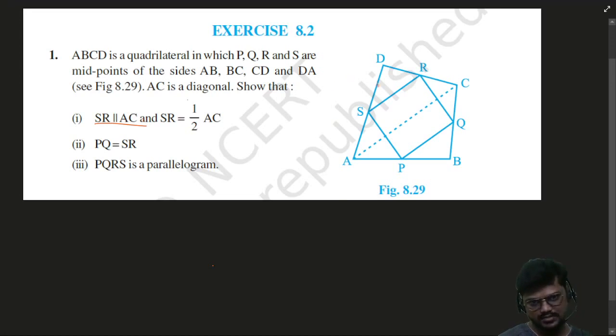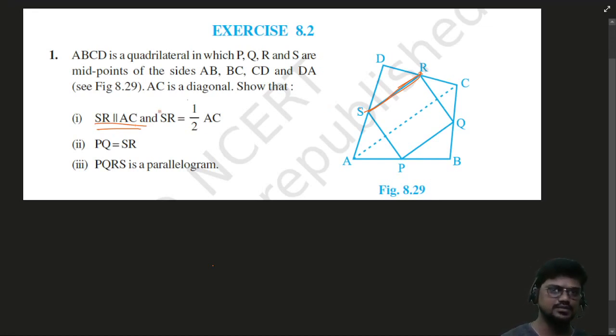All these points are midpoints of the quadrilateral, so SR will be parallel to AC only. Why? Midpoint theorem: a line drawn through the midpoints of two sides will be parallel to the third side. That means SR will be parallel to AC.